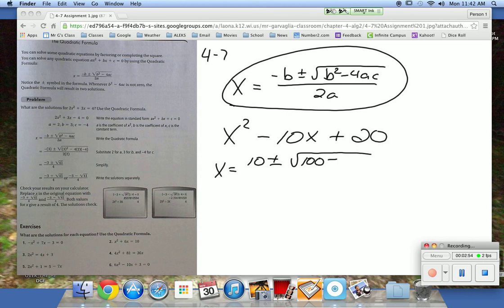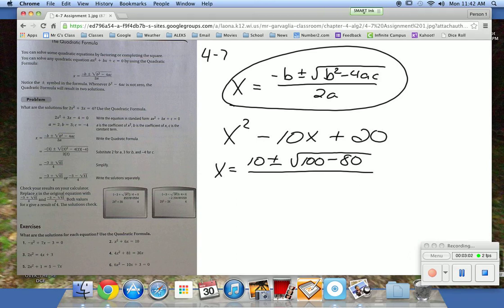A is 1, and c is 20, so this would be minus 80, over 2 times 1, which is just 2. Okay? So x equals 10 plus or minus the square root of 20 over 2.